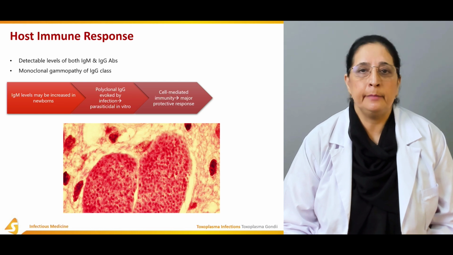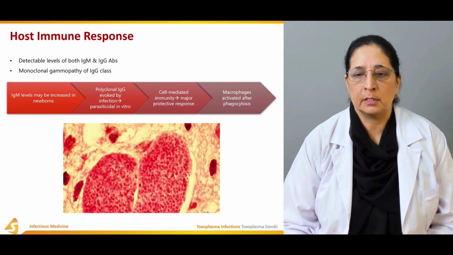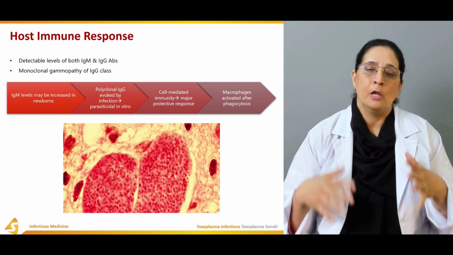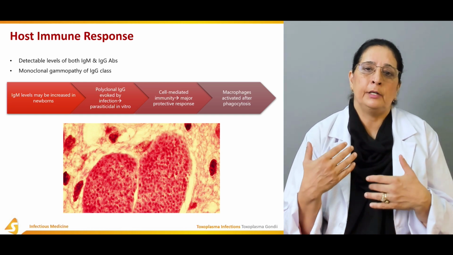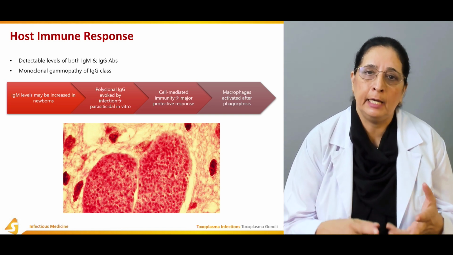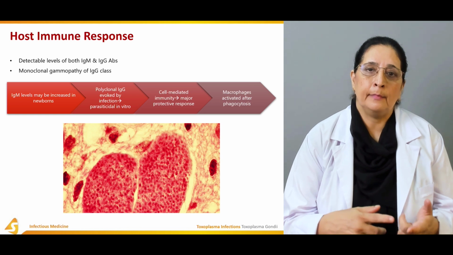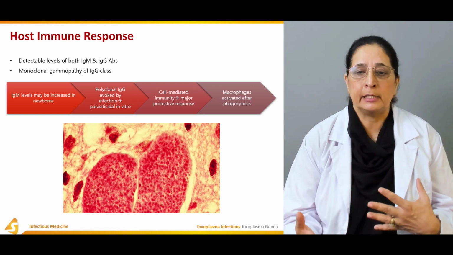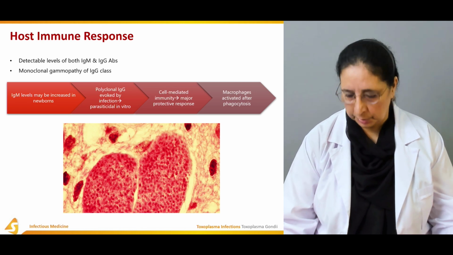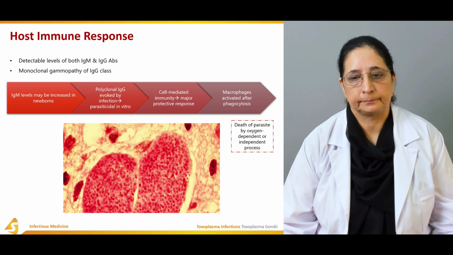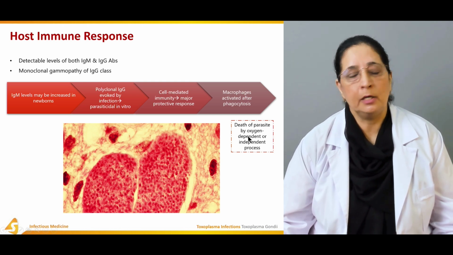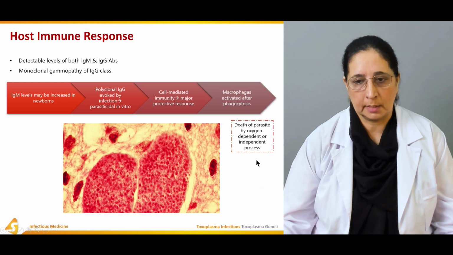Cell-mediated immunity is the major protective response, with macrophages activated after phagocytosis. So all these factors increase the host immune response: production of IgA, then IgM, IgG, and activation of macrophages. These are the different host immune responses. Death of the parasite occurs by oxygen-dependent or independent processes.